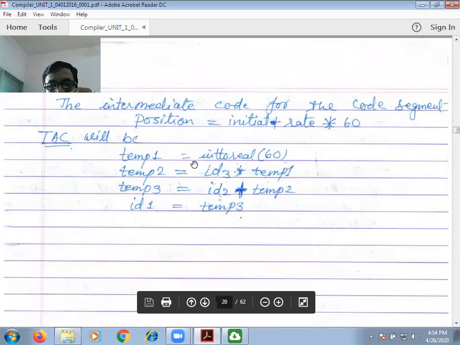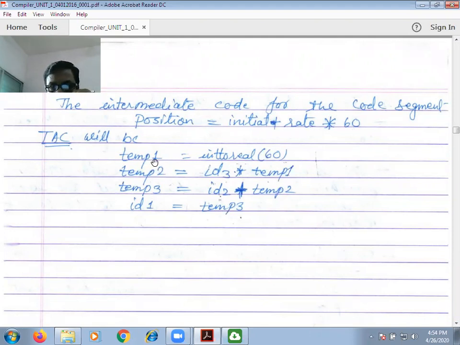For example, for rate into 60, the temporary variable temp1 converts the 60 to a real using the converter integer to real.